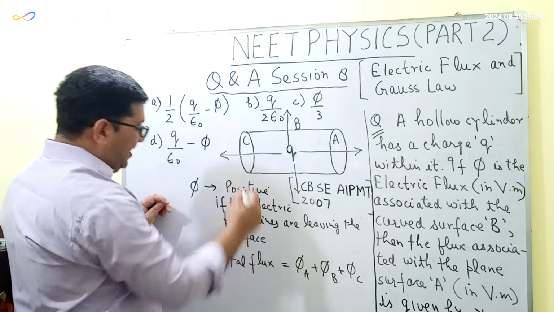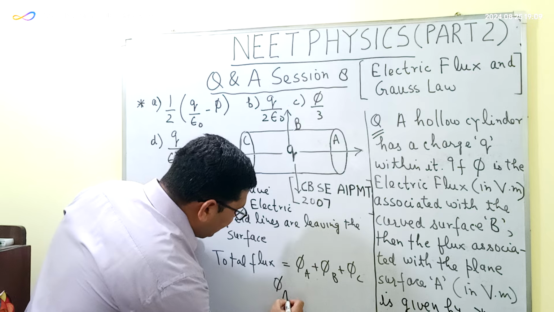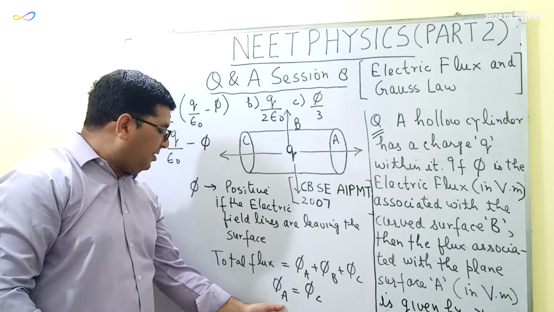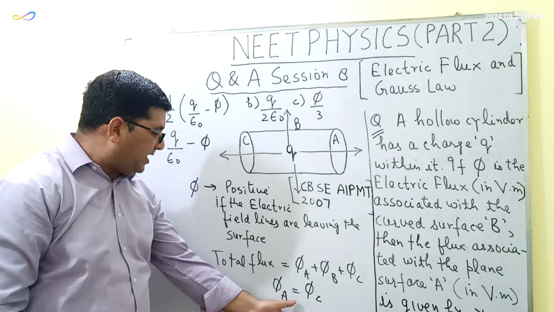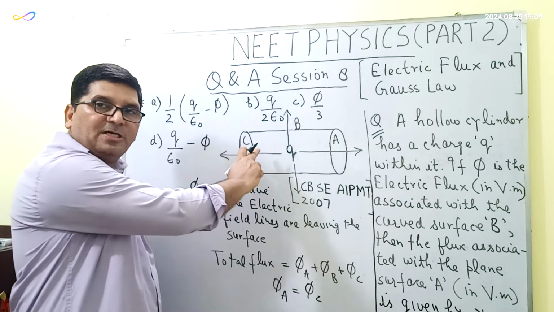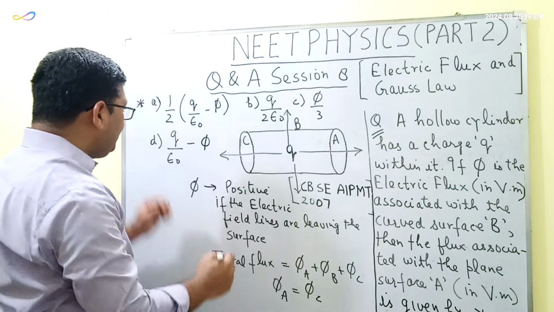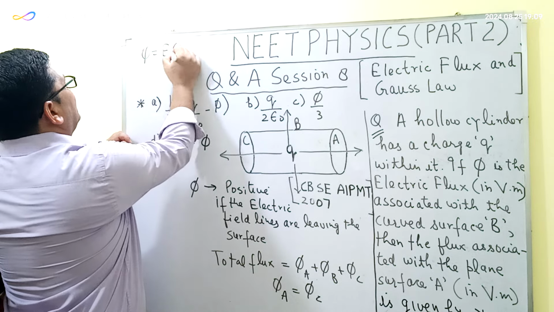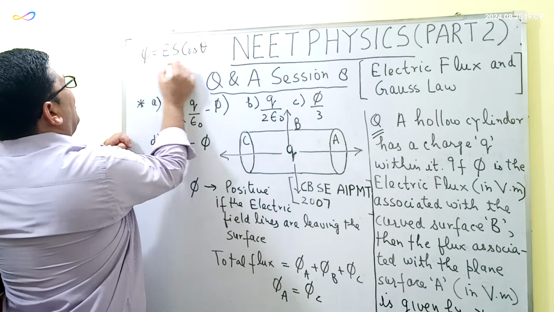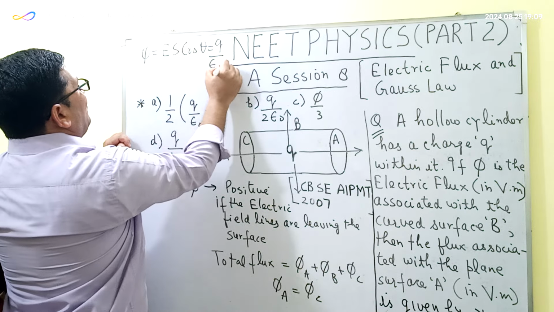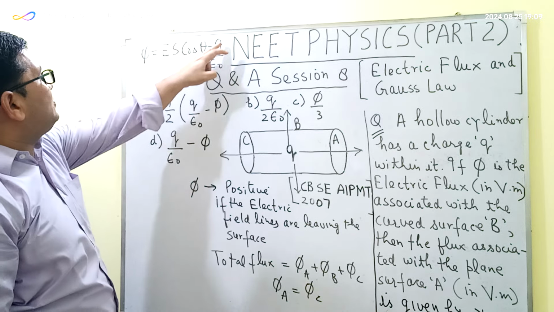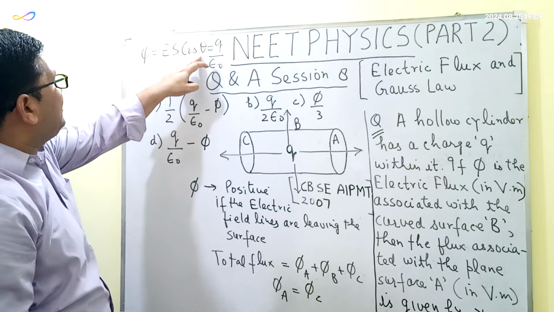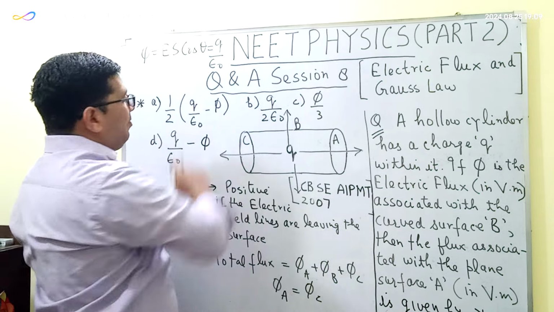Therefore the flux associated with the plane surface A will be equal to the flux associated with the plane surface C, because flux is given by the relation E S cos theta, and this is equal to Q upon epsilon naught, where E is the intensity of the electric field, S is the surface area, and theta is the angle between the direction of the electric field and the normal to the surface.